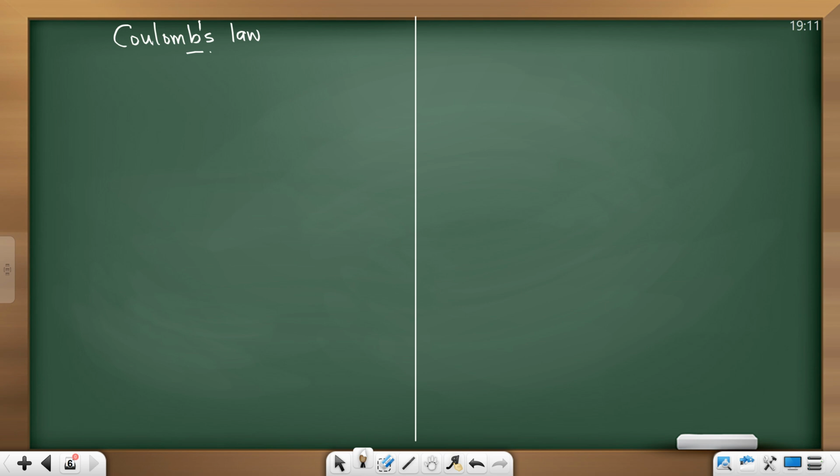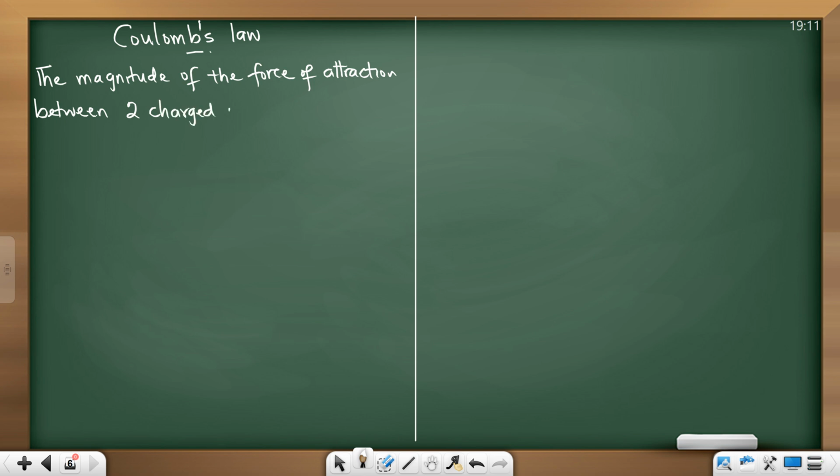Coulomb's law: the magnitude of the force of attraction between two charged objects is directly proportional to the product of the charges.